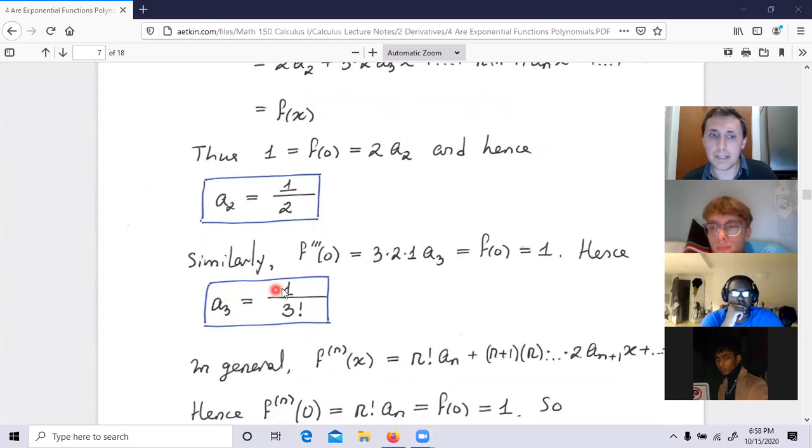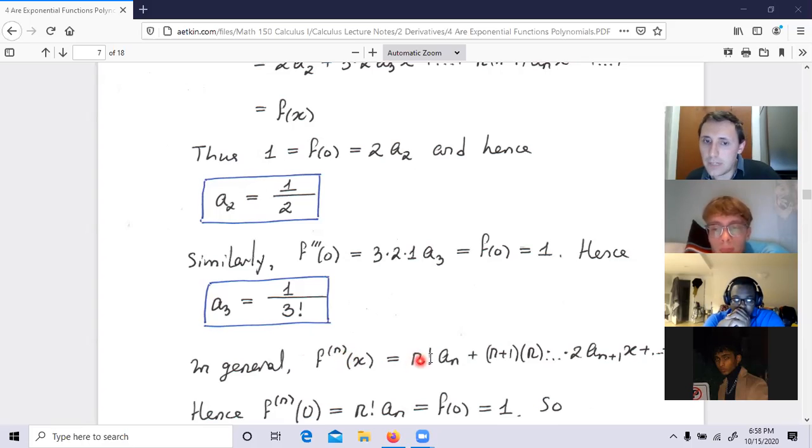Okay, so a sub 3 is 1 over 3 factorial. And in general, you see, I showed you 2, 3, but in general, how do I find the nth coefficient? Nth meaning I can come up with a procedure to find every single coefficient simultaneously. When I say nth, I mean second, third, fourth, fifth. I solve the question at once for all infinitely many possibilities. Clearly, if it's x to the power of n, I will need to take n derivatives.